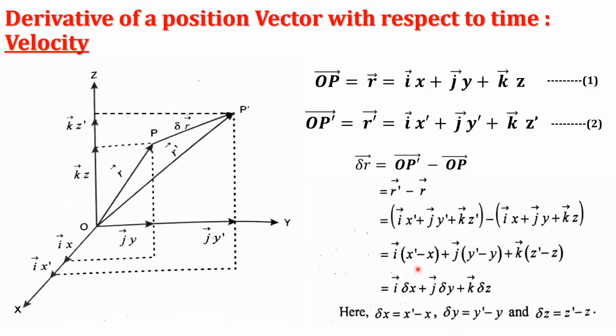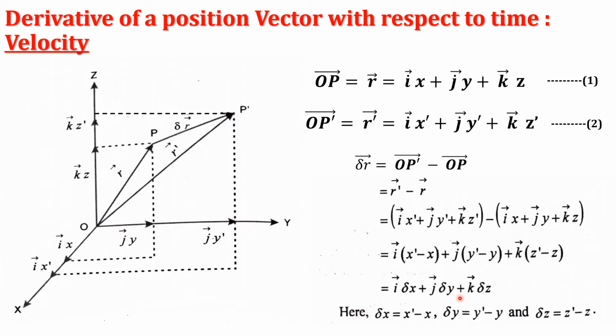Now, as earlier, the position change from P to P dash, that is OP dash minus OP, gives us the displacement delta r. In the same manner, if the position changes along the x-axis from x to x dash, we write the difference x dash minus x, that is delta x.